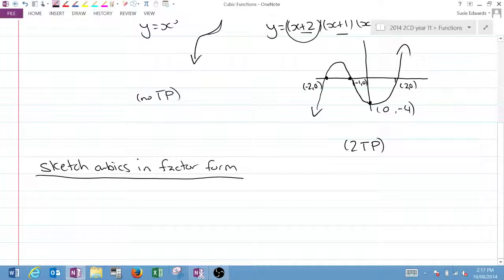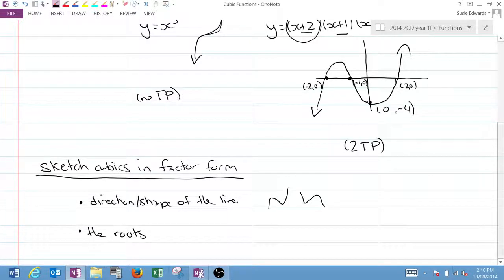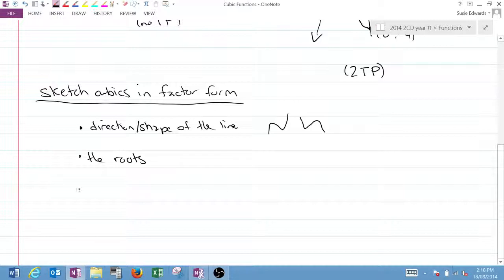When sketching, the things you're going to get marked on are the direction and shape of the line, so it's either going to be like this or like this. I'll explain why in a second. Then the roots and the y-intercept.